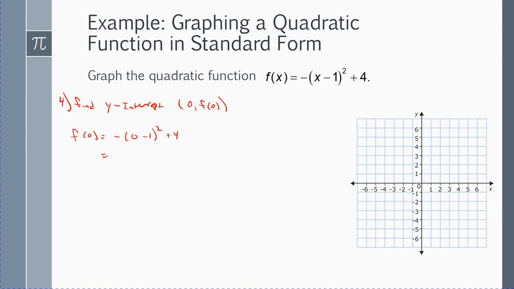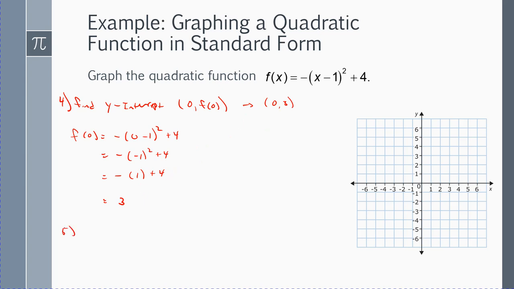Well, 0 minus 1 is minus 1. Minus 1 squared is 1. So minus 1 plus 4, because you still have that negative out front, don't forget that, is 3. So the y-intercept here is going to occur at the point (0, 3).